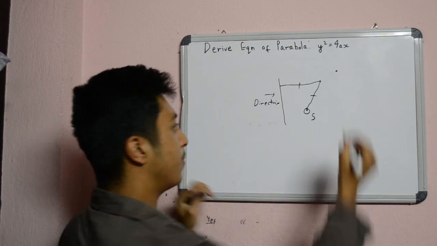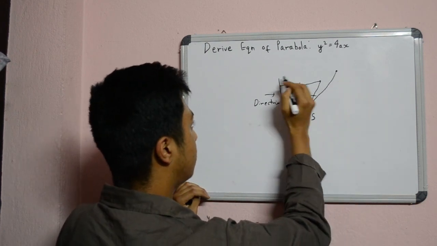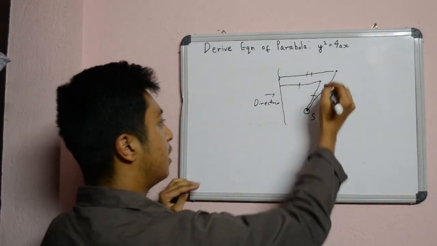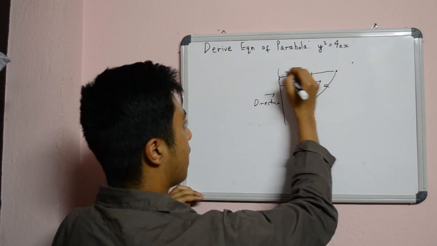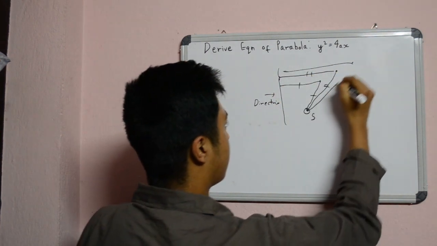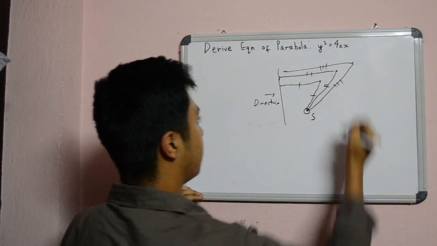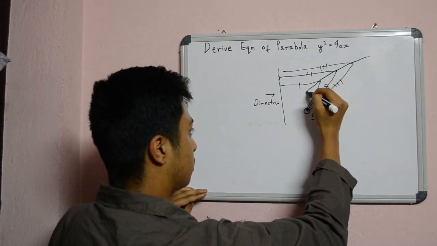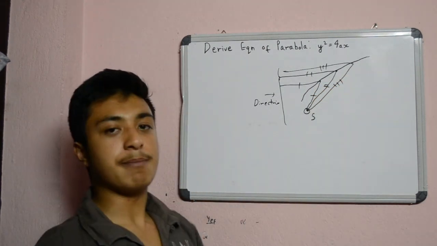At any time. So that means even from here to here, this is just a rough sketch, this will be the same, and from here to here again, this will be the same. And from here we can graph a sketch like this and we'll get a parabola.